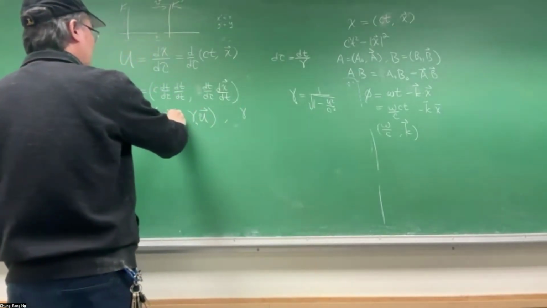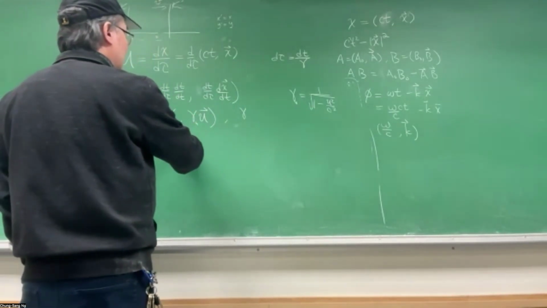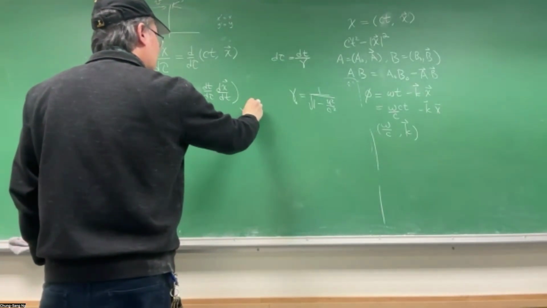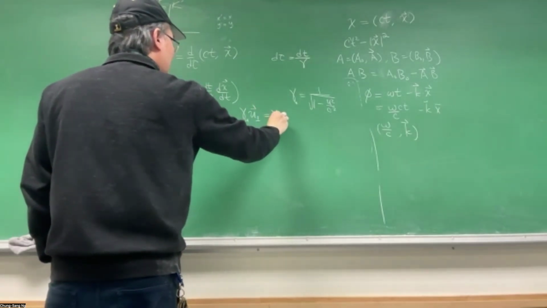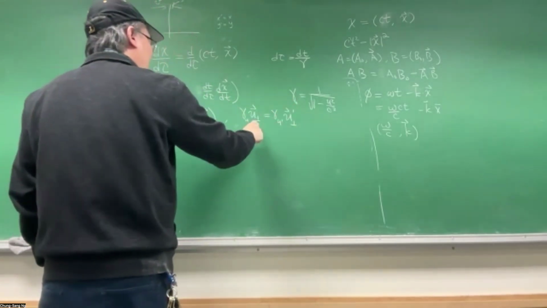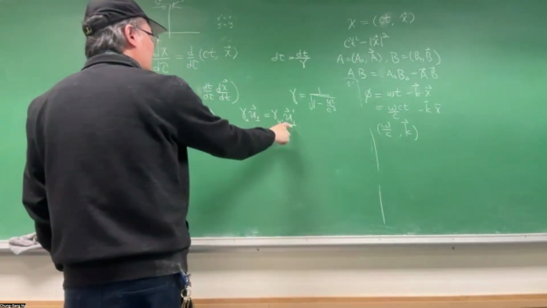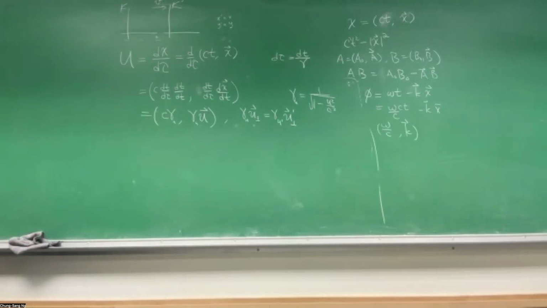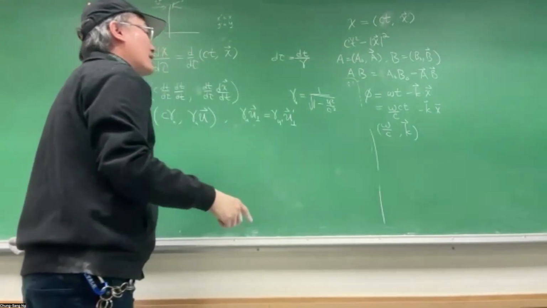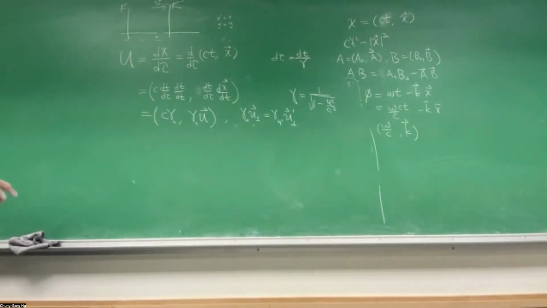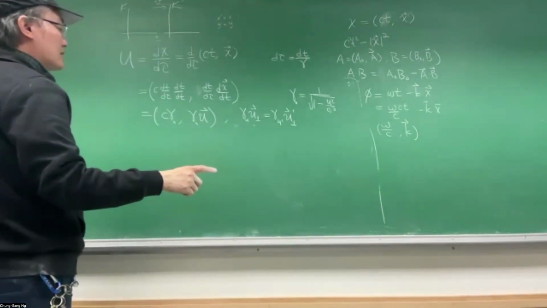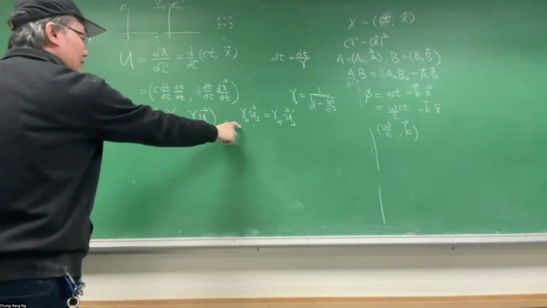Gamma u perpendicular is the same as gamma u prime u perpendicular prime. So the perpendicular component of the velocity actually changes, right? It is unlike the spatial vector, where the components perpendicular to the relative velocity of the reference frames, like y and x perpendicular to z, are unchanged. But for velocity it changes.